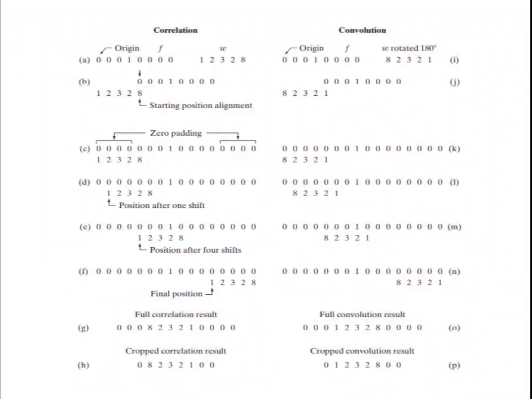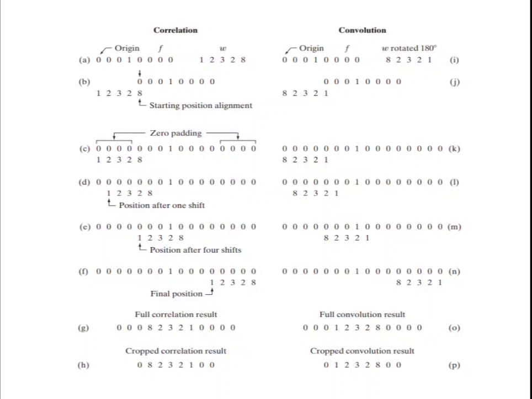There are two important points to note from the discussion in the preceding topic. First, correlation is a function of a displacement of the filter. In other words, the first value of correlation corresponds to the 0 displacement of the filter, the second corresponds to the 1 unit displacement, and so on.